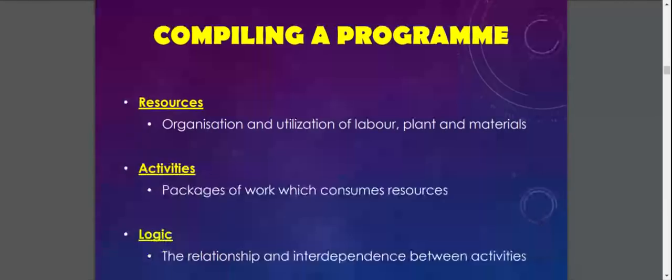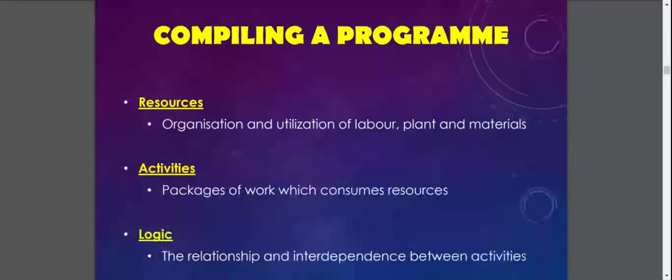workers will be involved in the project, what types of plant, what kinds of material they need to have on site in order to implement the project. And they must know the activities, packages of work which consume resources, and logic, the relationship and interdependence between activities.